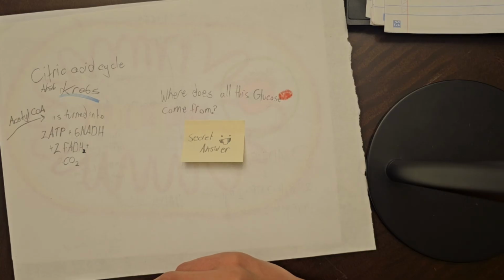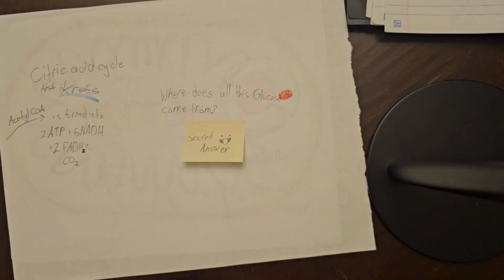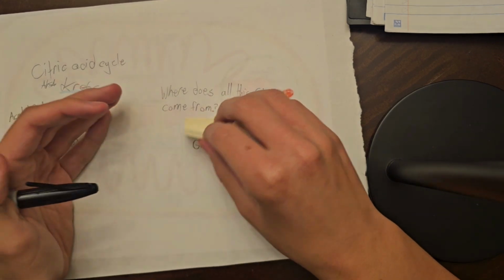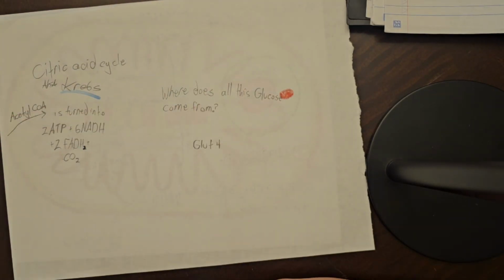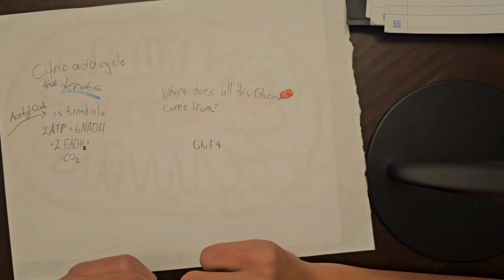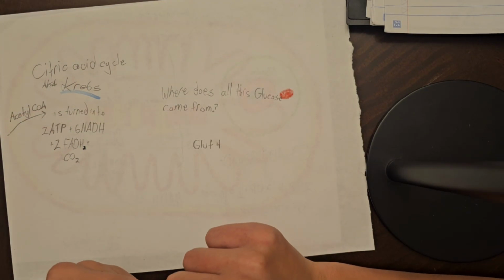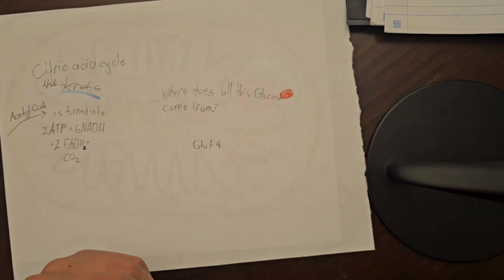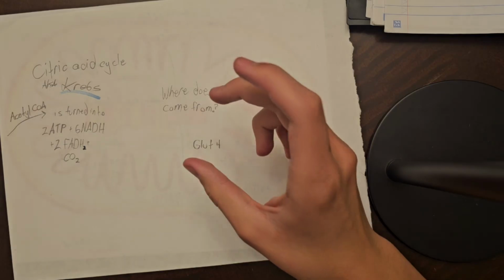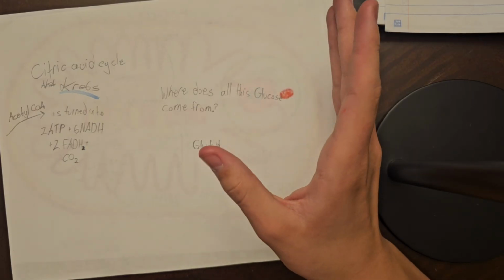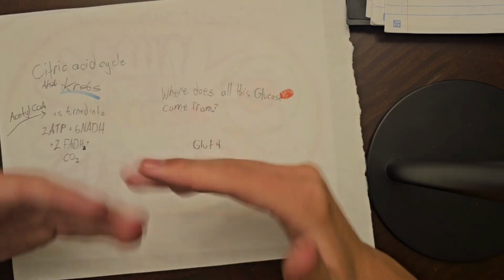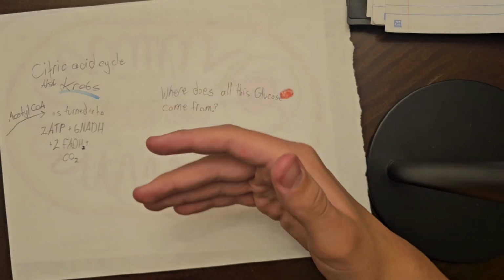And if you've been paying close attention, you might be wondering, where does all this glucose come from? It's not like these cells are finding it on their own. And the answer is GLUT4. GLUT4 is a protein that is found in your bloodstream, and it acts as a sugar Amazon. It brings these sugar packages to all your cells so they can work, and it keeps your whole system running.